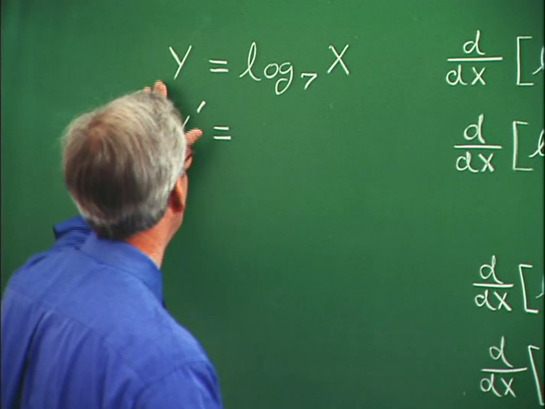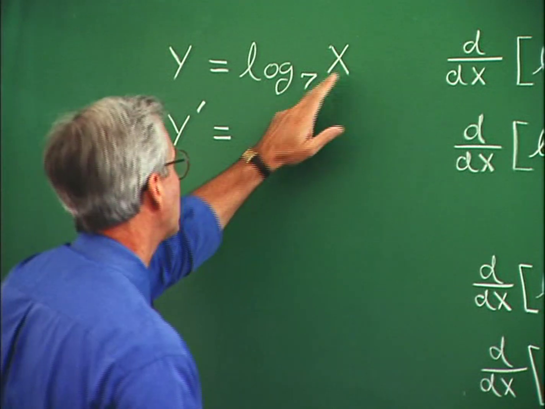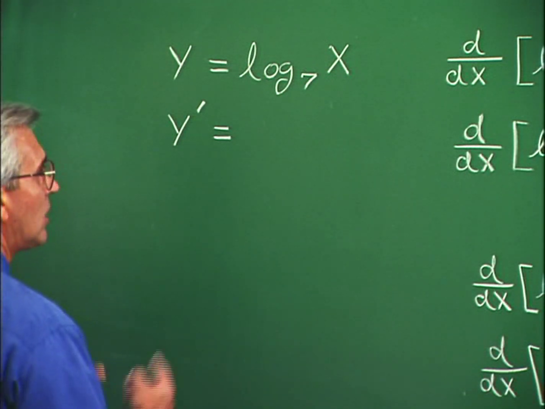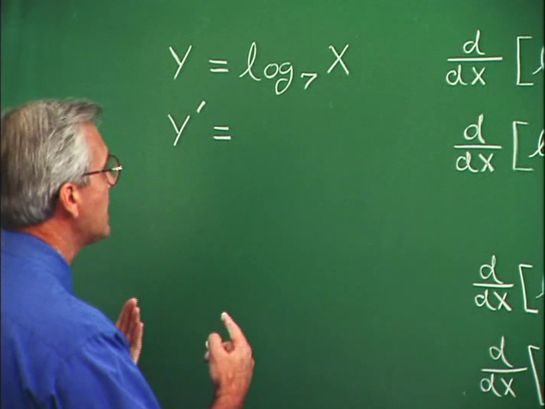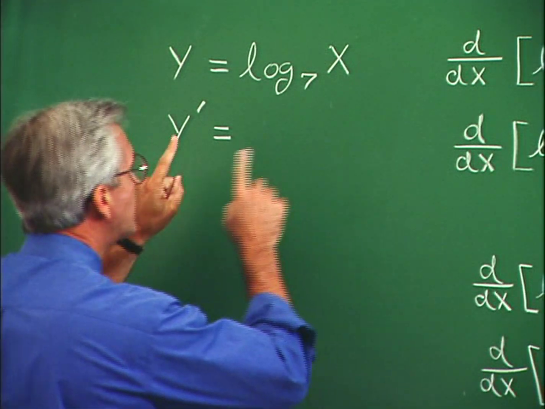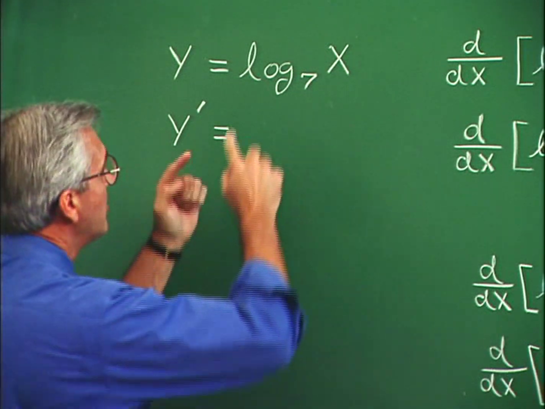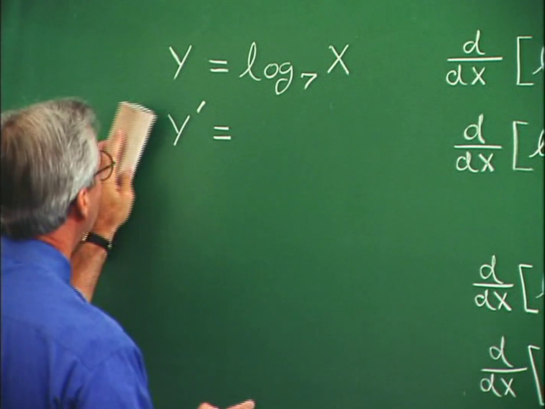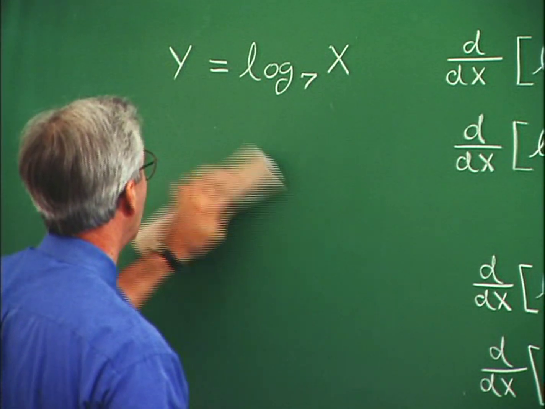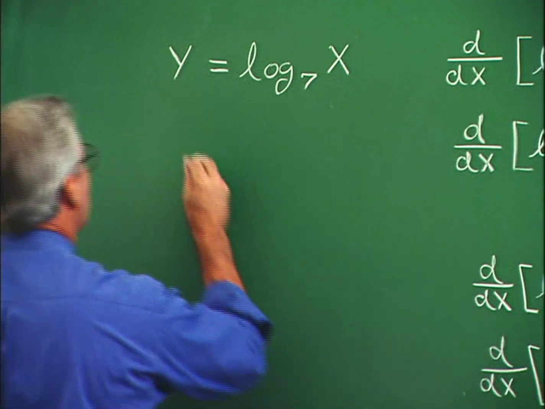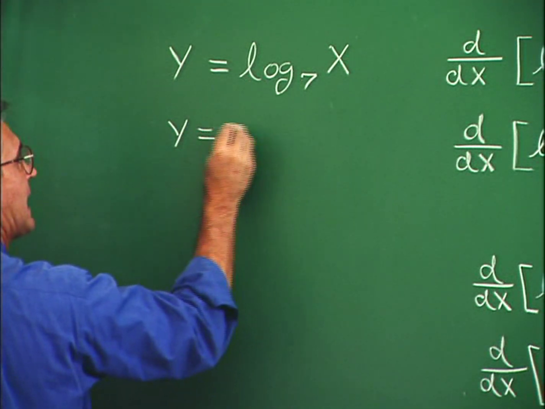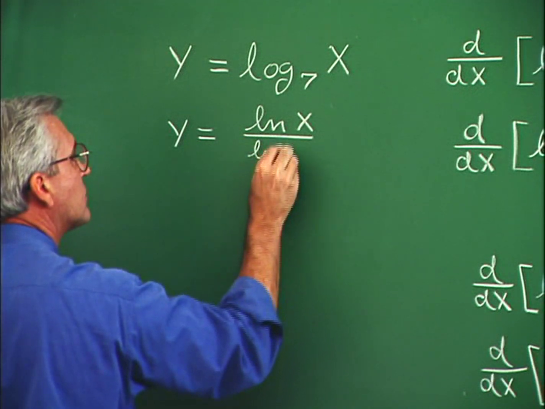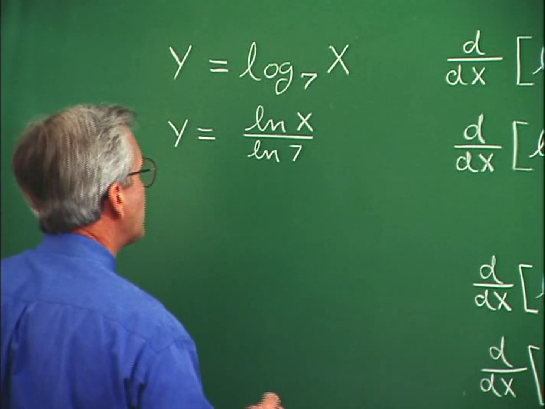Here we have y equals log base 7 of x, and we'd like the derivative here. We'd like a way of calculating the derivative of a logarithm whose base is not e. Now, it's pretty easy, though, for us to manipulate this into a form that's familiar to us. For example, before we try to find y prime, suppose we say that we can write y as ln x over ln 7, just by our change of base.